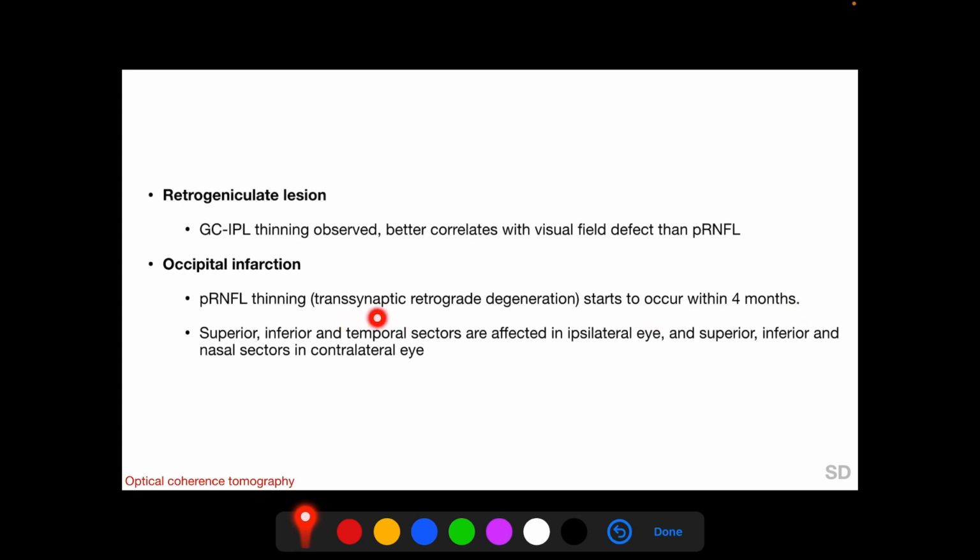Why transsynaptic? Because there is a synapse in the lateral geniculate nucleus between the retrogeniculate and the pregeniculate section of the visual pathway. Superior, inferior and temporal sectors are affected in the ipsilateral eye, and superior, inferior and nasal sectors are affected in the contralateral eye.